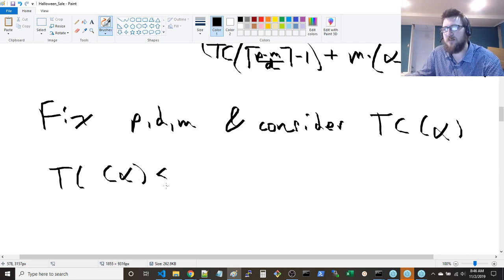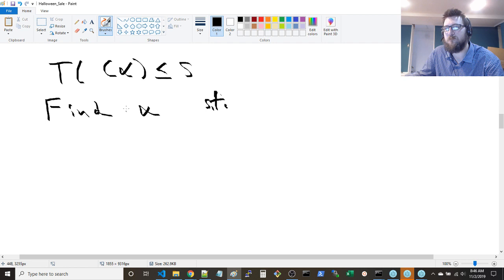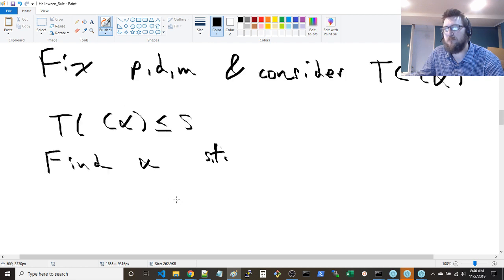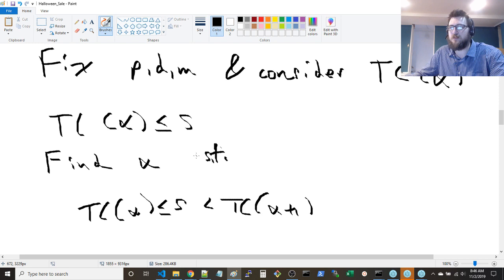It's got to be less than or equal to S. But we want to find alpha such that it's the maximum possible alpha, meaning TC of alpha plus 1 is greater than S, and TC of alpha is less than or equal to S, right? So we want to find alpha that satisfies this equation.